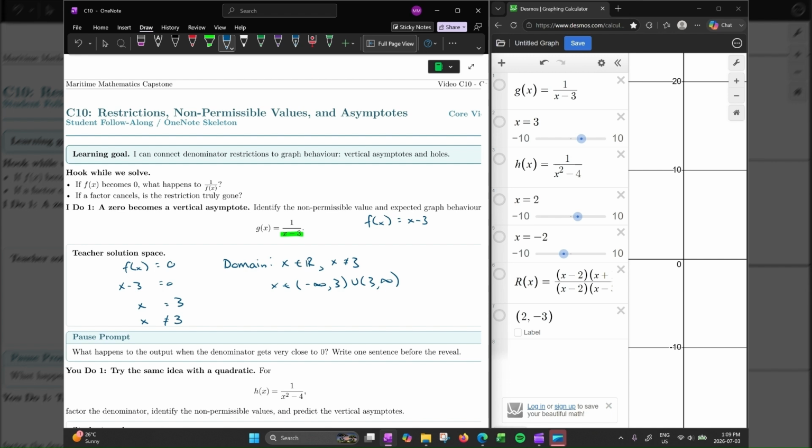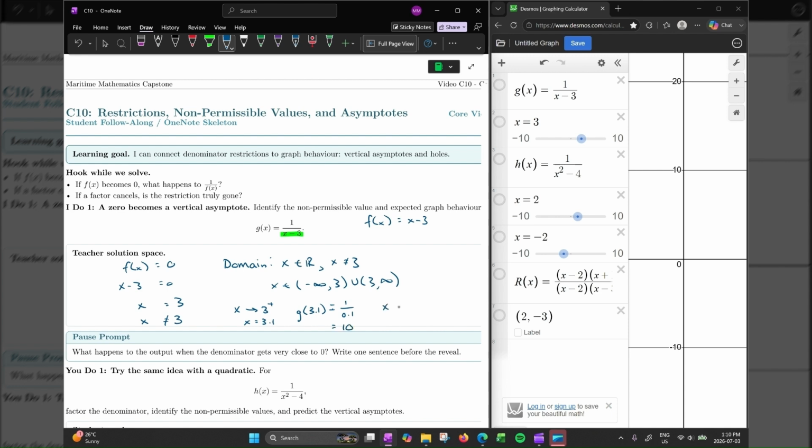Algebraically, we can ask what happens as x approaches 3 from the right. What if we're a little bit bigger than 3, like 3.1? Then g of 3.1 is 1 over 3.1 minus 3, which is 1 over 0.1, giving us 10.